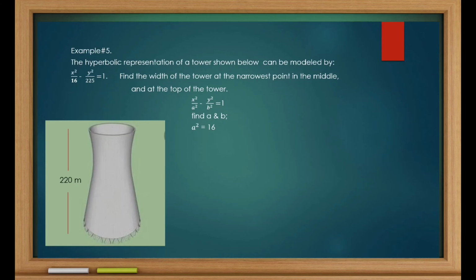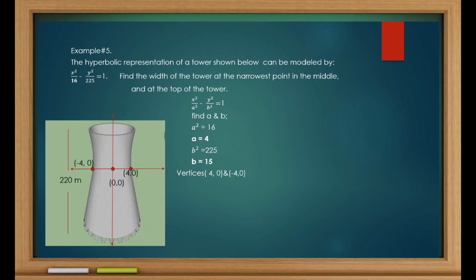Let's first find the values of a and b so that we can find the width at the narrowest point in the middle. Our a squared is 16, so a is 4, and b squared is 225, so b is 15. Then the vertices are 4 and negative 4. We know that the center of this tower is at the origin, 0, 0, since h and k were not given.